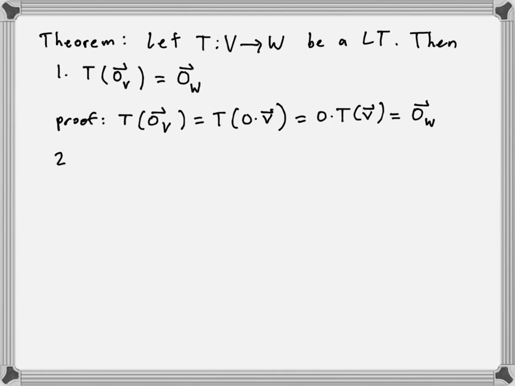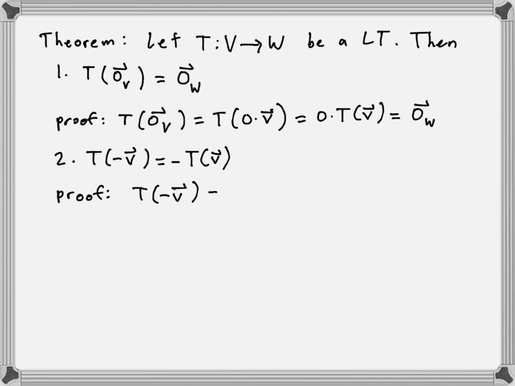Let's do another one. This guy says that T of negative v is equal to negative T of v. So T of the additive inverse of an element is equal to the additive inverse of where it goes. So what is the proof of this one? Well, what's T of negative v?